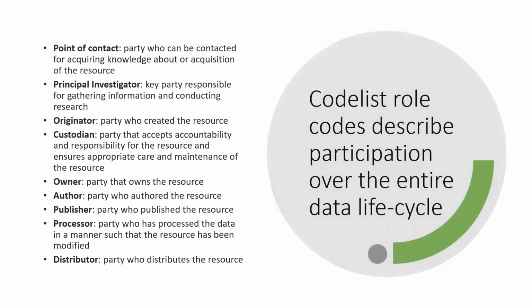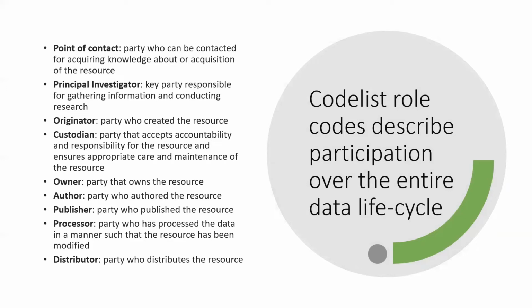The responsible party or contact code list role codes describe participation over the entire data lifecycle. These are only some of the available role codes that can be assigned to a point of contact. Each one has a definition to help the metadata creator choose the most appropriate role for a given contact.